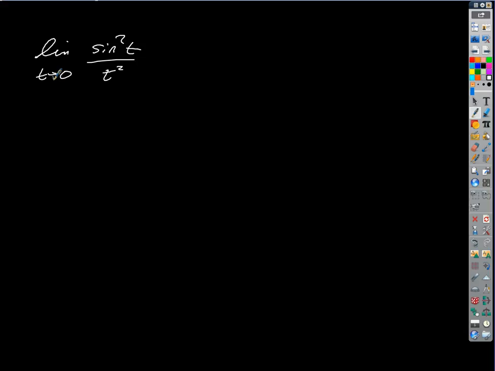Anything I could do right away here to maybe make this look better? Even just the way this is written is inherently a little bit confusing. The notation we use. What's sine squared t mean? It's the quantity sine t, squared, right? So it would probably help, and maybe this is all I need to do.